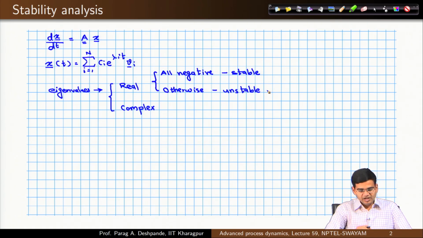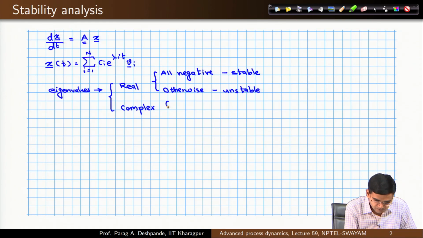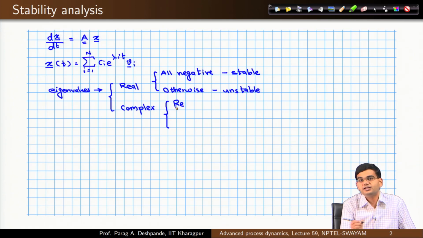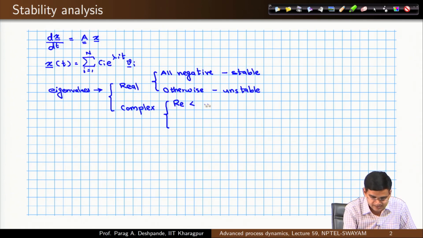Fine. And when you have complex eigenvalues, then you want to look at the real parts, and if all the real parts are less than 0, and let me emphasize, all real parts are less than 0, negative, the system was stable, and otherwise the system was unstable.